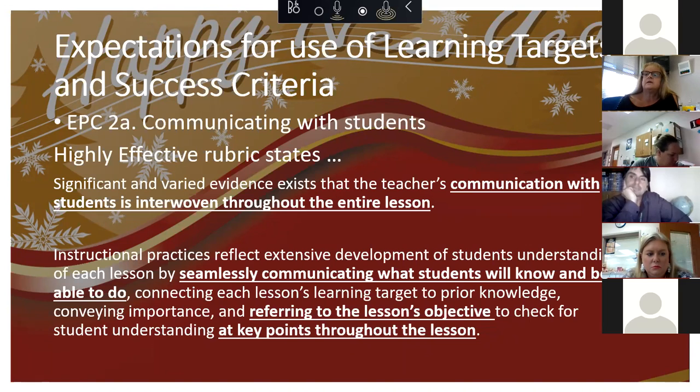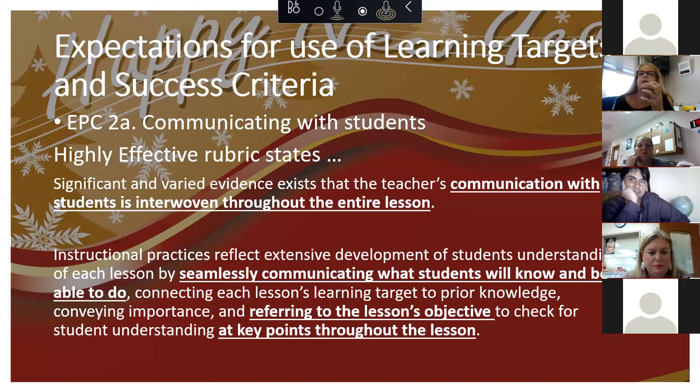So this is the rubric from the teacher evaluation. The rubric on 2A, communicating with students, from teacher evaluation, says that we need to make sure that we're communicating with students throughout the entire lesson.